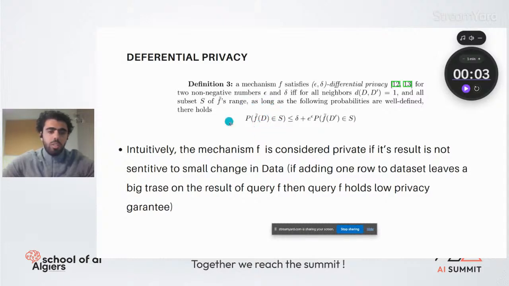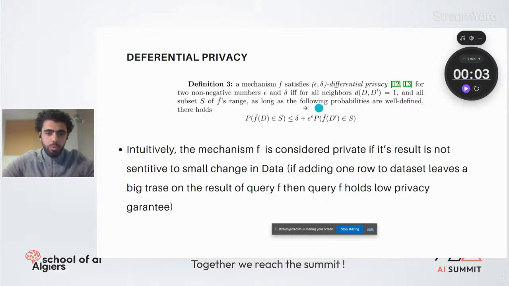So what this formula says is that the probability that the answer is S is less than or equal to the probability that the answer to F on D prime is the same answer, with a certain exponential of epsilon and with a certain delta.